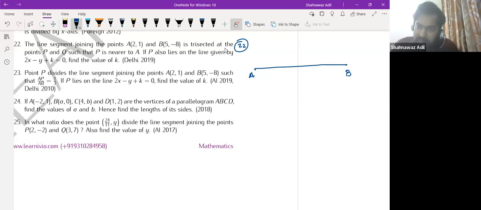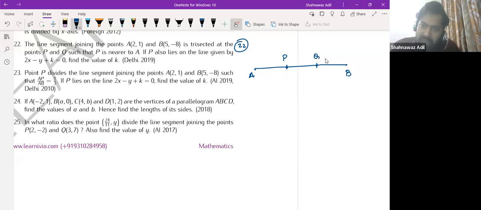Three equal, right? One and two. So there would be 2 points in between. There will be 2 points and it's trisected by P and Q such that P is nearer to A. So this one is nearer to A, so this is P, and this is Q.